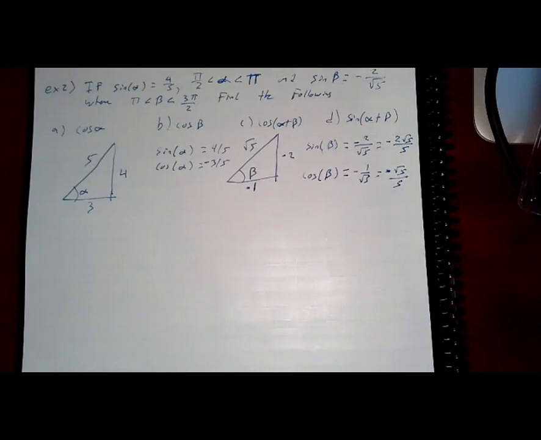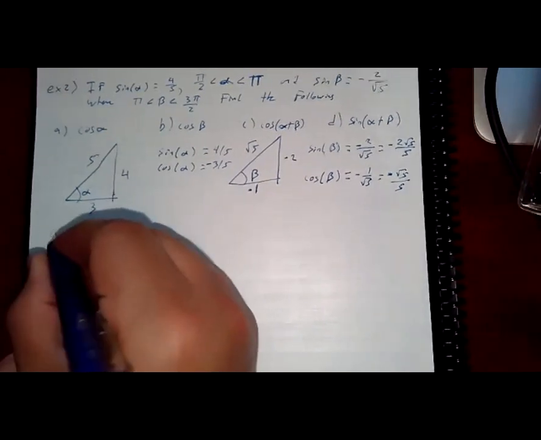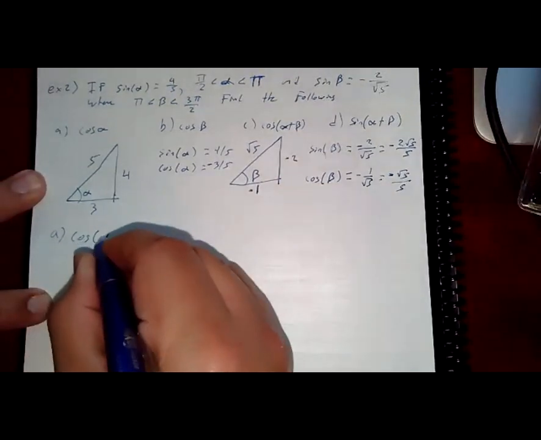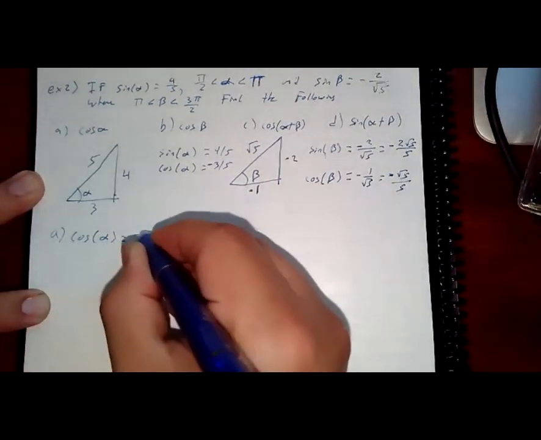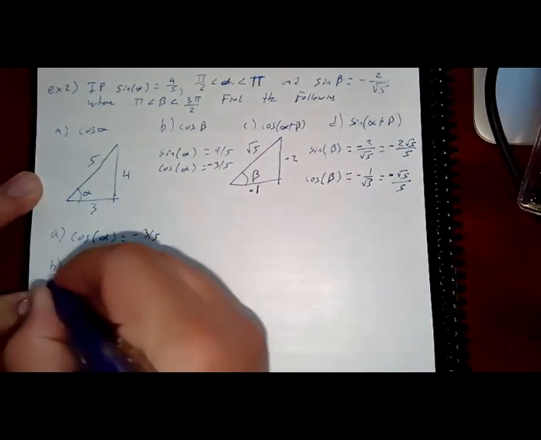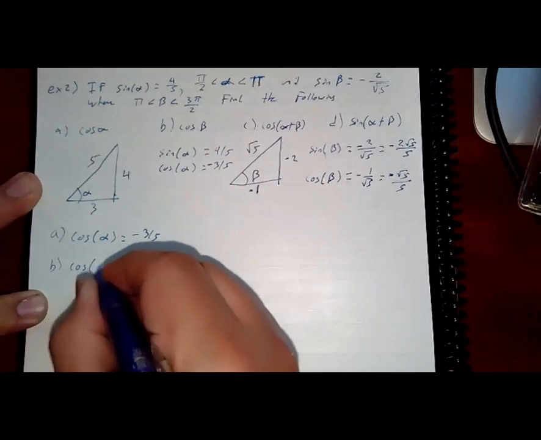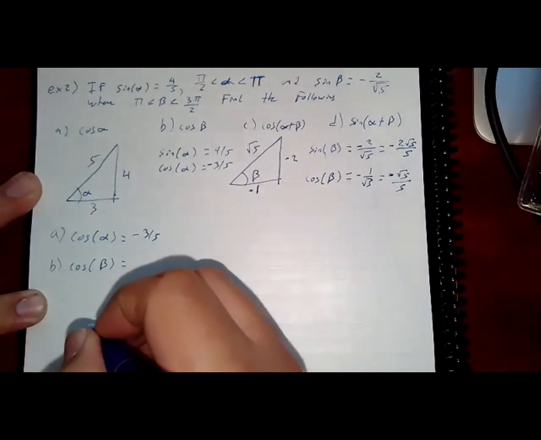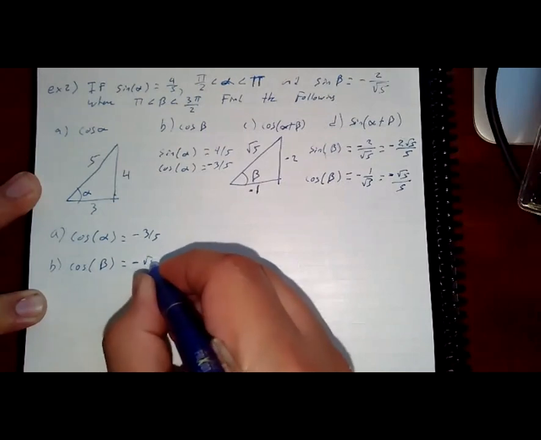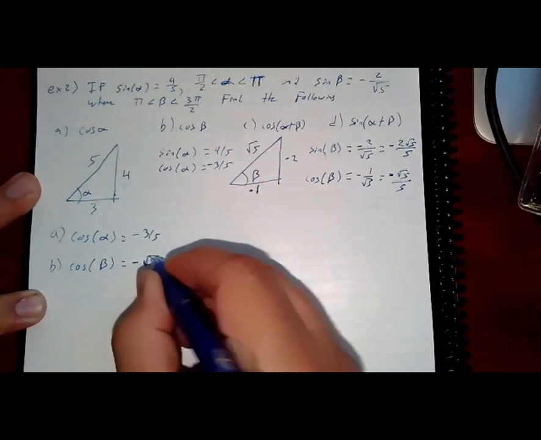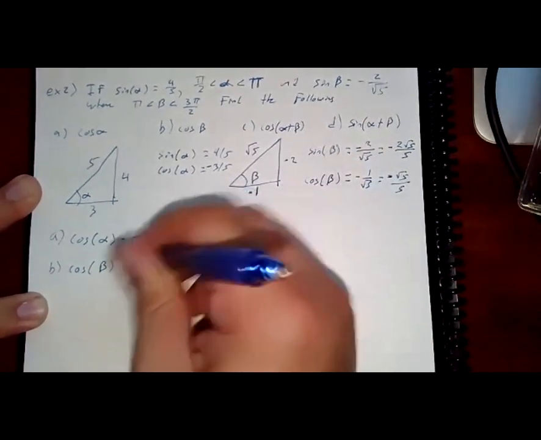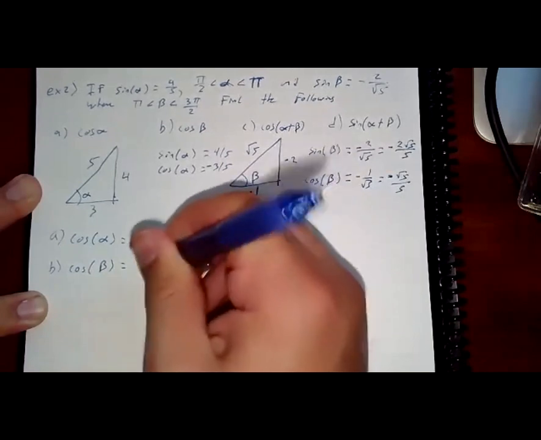Then I can start using the formula, right? So part A, we kind of already wrote it. Cosine alpha is equal to -3/5, right? Part B, cosine beta is equal to, either one is fine, negative root 5 over 5.